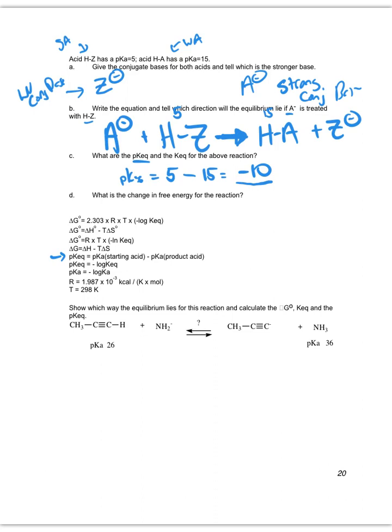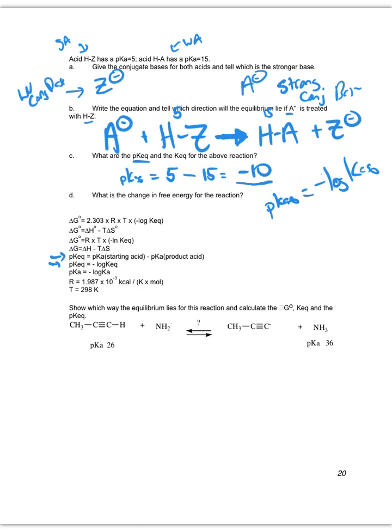Okay, so how can we go from pKeq to Keq? So we know pKeq is equal to negative the log of the Keq. It's easier to deal with this in log base 10 than natural log, so we won't even go there.